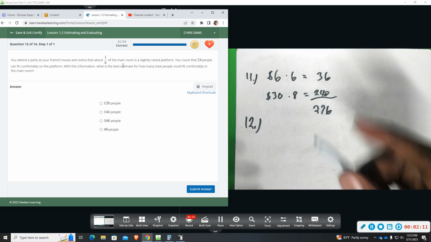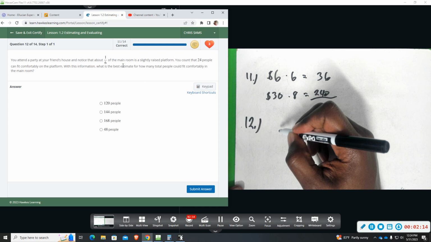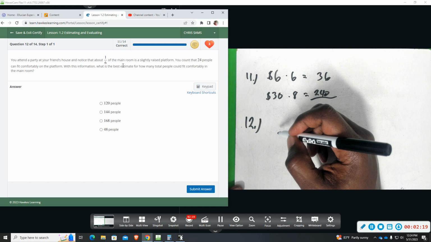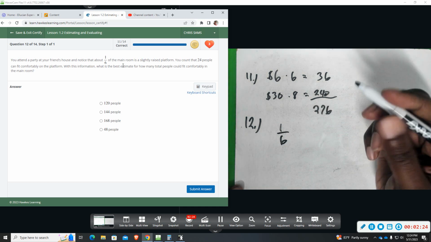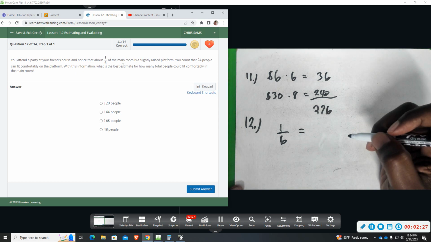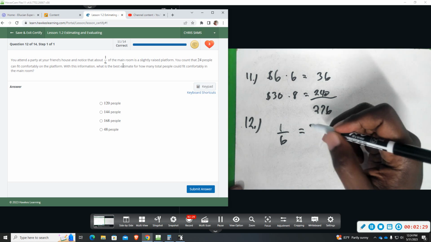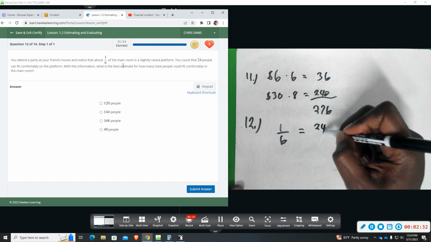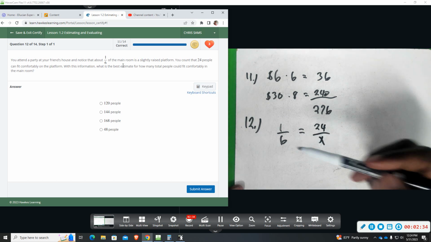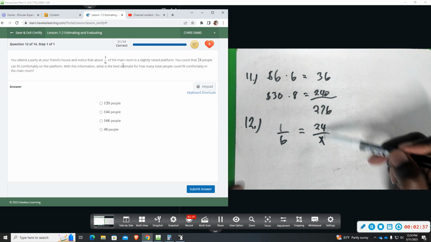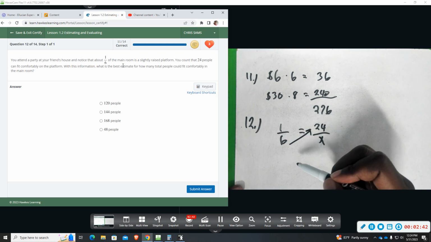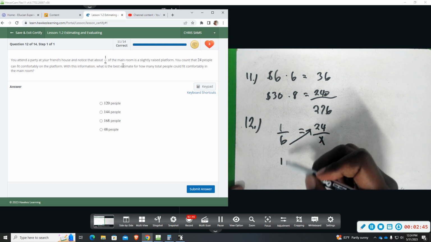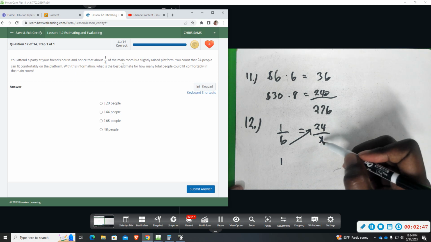So if I want the total, I'm setting up a proportion, so 1 out of 6 is 24 over the total. So I'm going to just multiply by 6, and then that will leave me with the 1 whole equals, and I can figure out what this is.